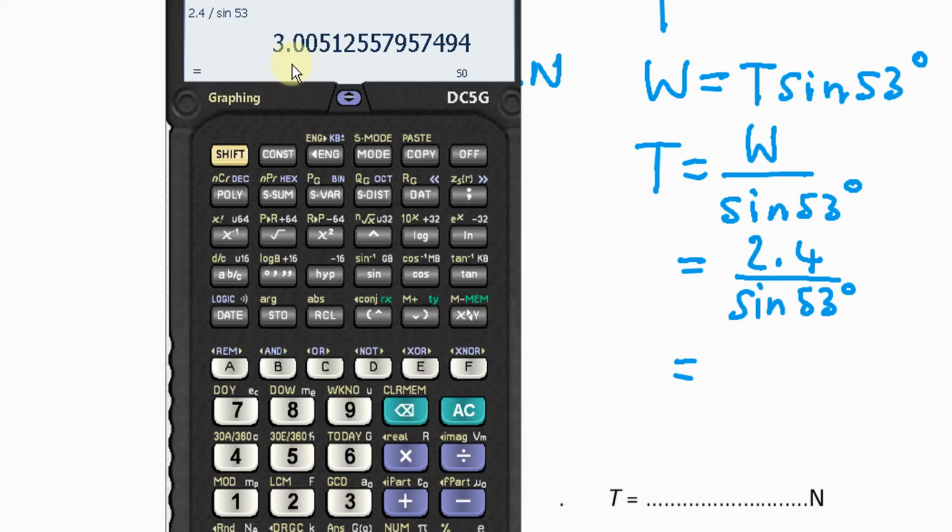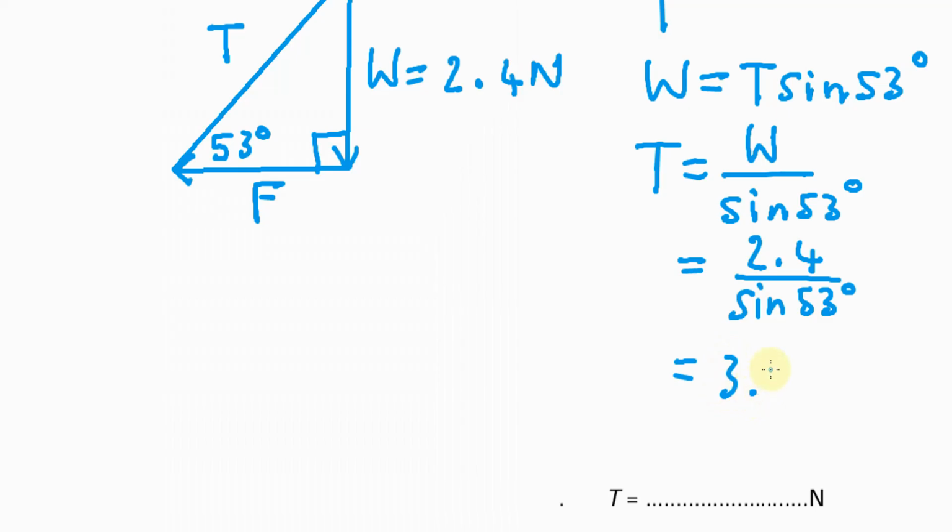And we get an answer of 3.005. And of course, here we used two significant figures in this calculation. So we can give our answer with two significant figures, so 3.0 newtons.